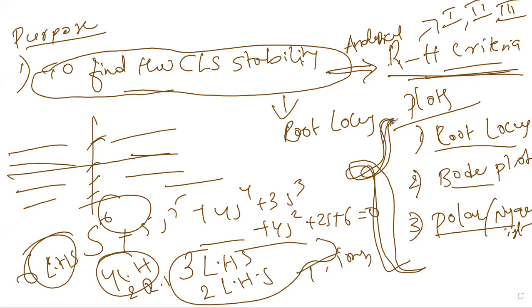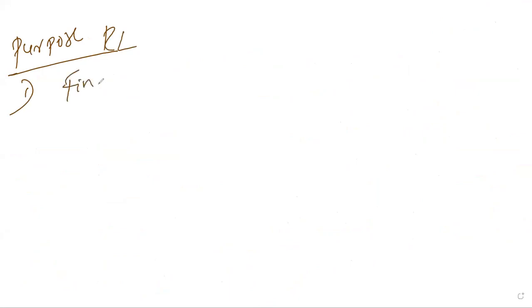But with the help of these three plots, we find the exact location of the poles of a closed loop system on the S-plane, right? So the main purpose of root locus is finding the stability of a closed loop system.